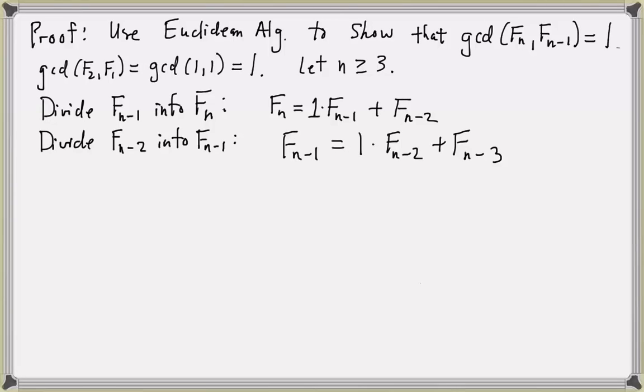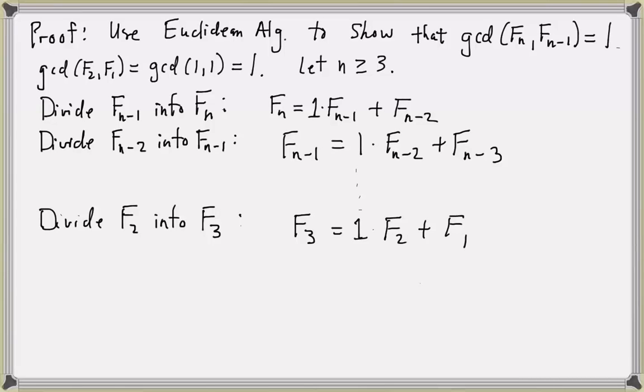Well, if we continue this on, eventually we'll get down to dividing F2 into F3, and this will look like F3 equals 1 times F2 plus F1.